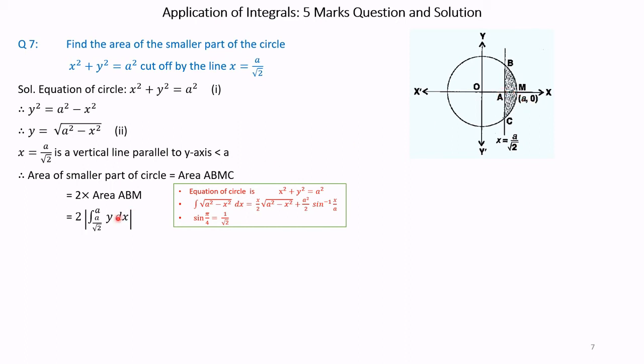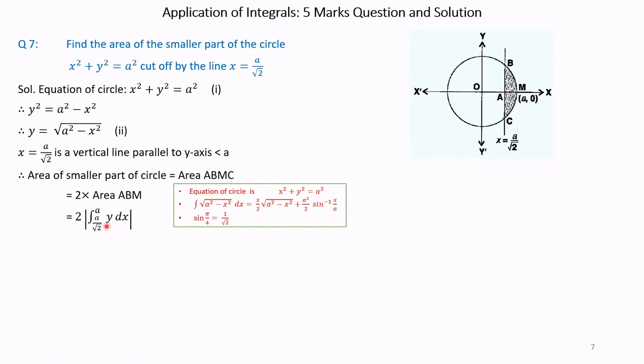So we can represent it as integral from a by square root 2 to a of y dx. Y is varying along the line BAC from a by root 2 to a. So therefore it is y dx.